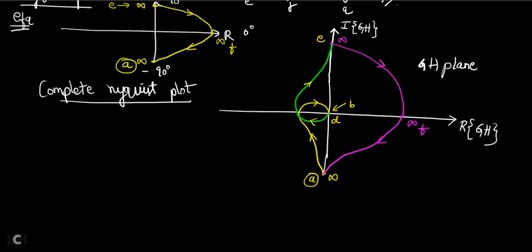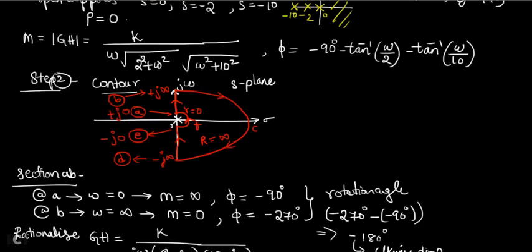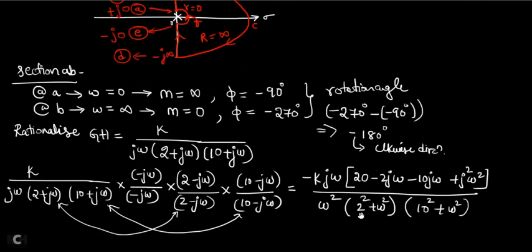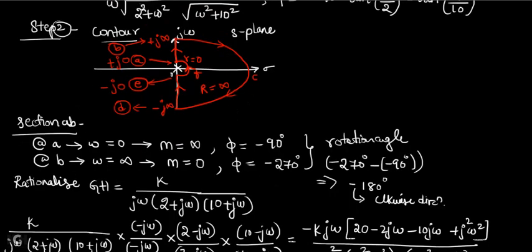Okay, and remember, at this intersection point we wrote omega square is nothing but 20. Is that 20 we got? Where is that?